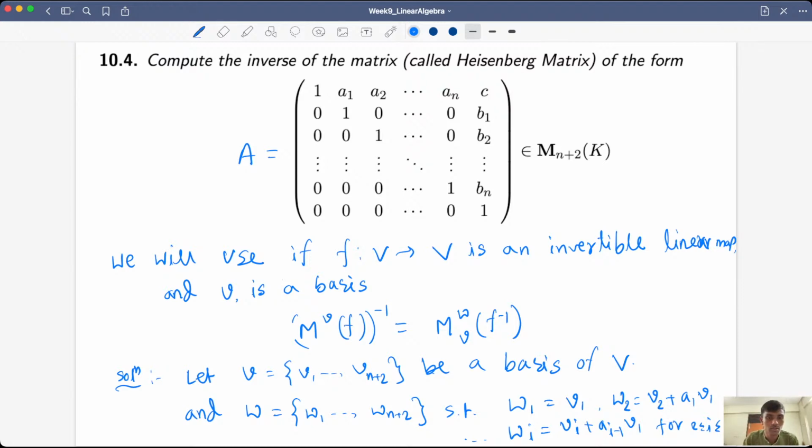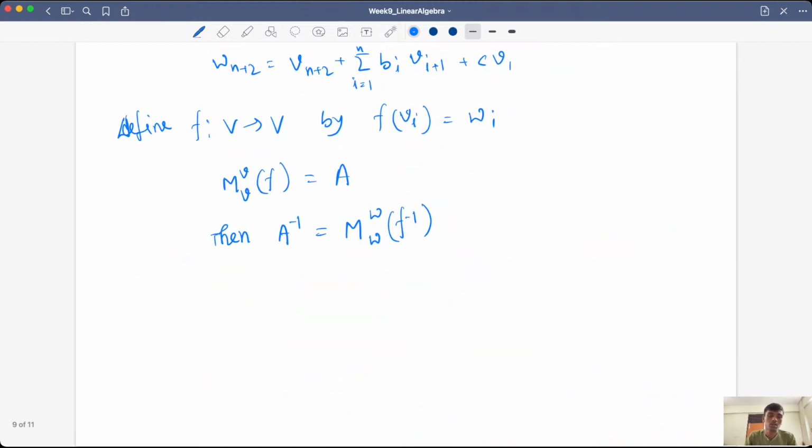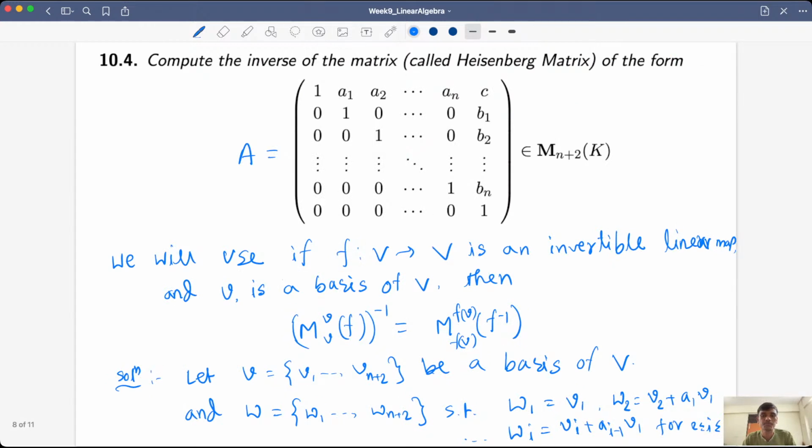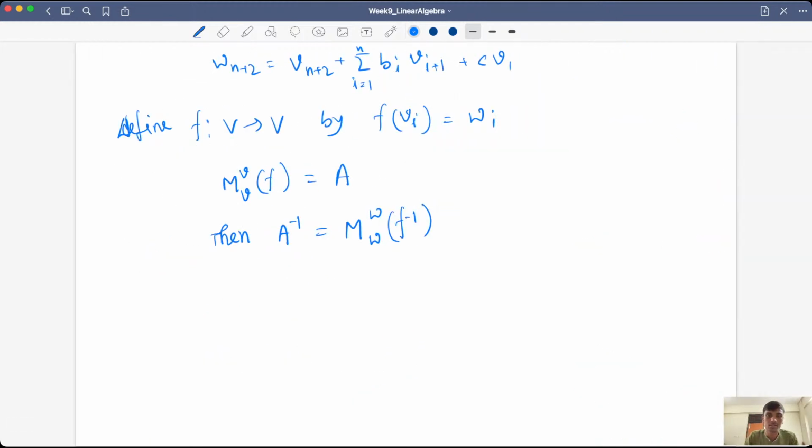So in this case, the choice of basis for the inverse matrix should be just f of v, and by my choice this W is f of V, a basis of V. Then this A inverse will be the matrix M_W of f inverse, but f inverse is easy to calculate, because I need to express the vi in terms of the wi, right? Then I can clearly get this f inverse.